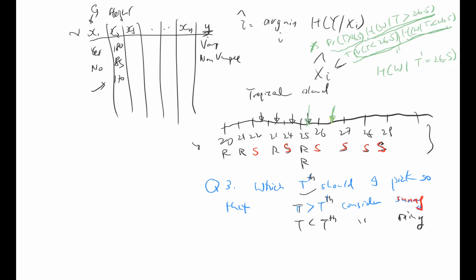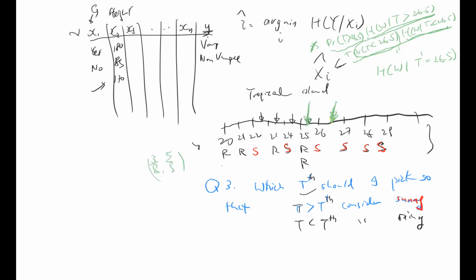So that's why this guy should decrease, because at this point here, I have 3 S and then 5 R, right? So I have 3/8 and 5/8. That's the empirical distribution.